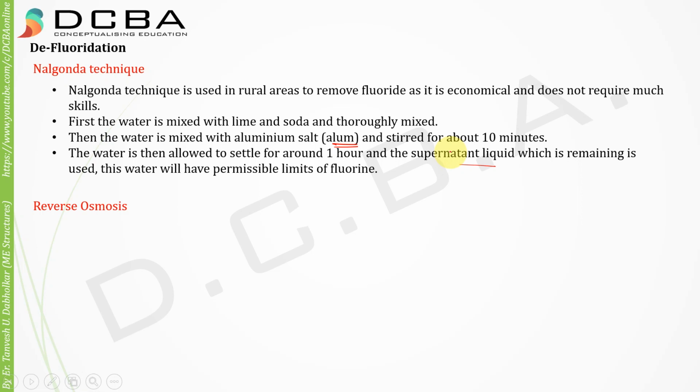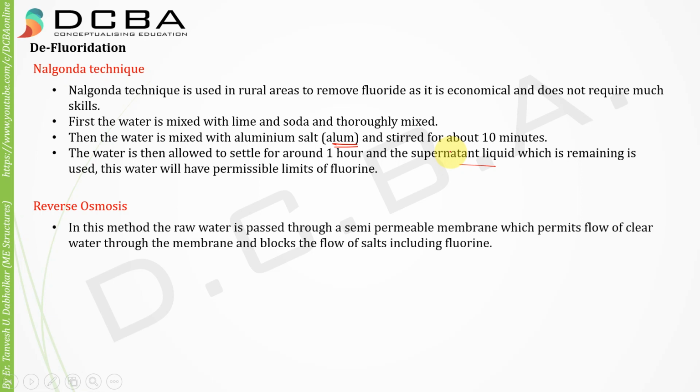The last one is reverse osmosis. In this method, the raw water is passed through a semi-permeable membrane. This reverse osmosis is used in many treatment systems where the water is highly turbid, and it is passed through a semi-permeable membrane, which does not allow the flow of turbid materials, and also blocks the flow of salts including fluorine, and it only allows the flow of clear water through that membrane.